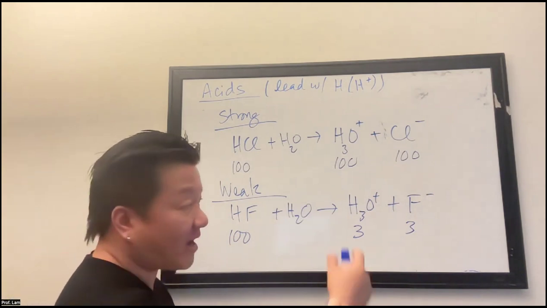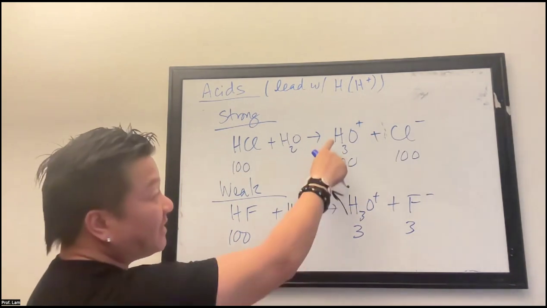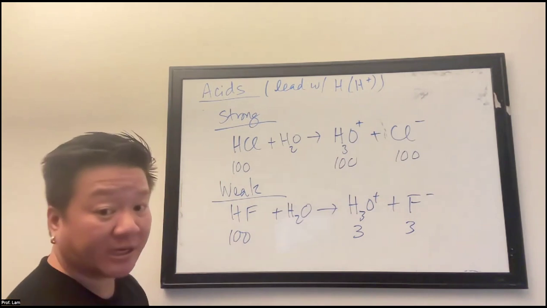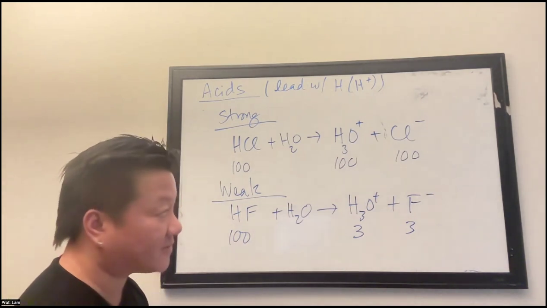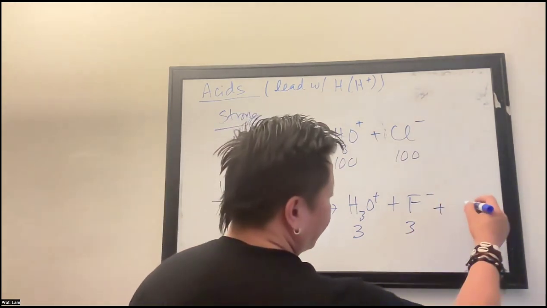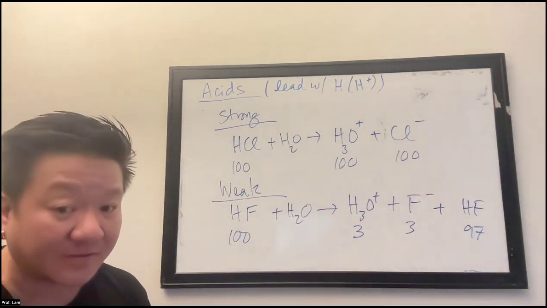So there won't be a lot of hydronium in solution. That's why it's considered less acidic than this one, right? It's weaker in acidity than HCl, which deposits 100% of hydronium. So what it means is, you're still going to have 97 of the HF intact.